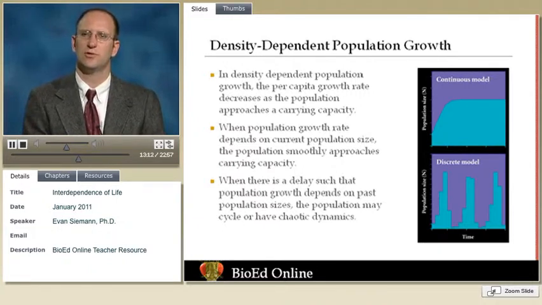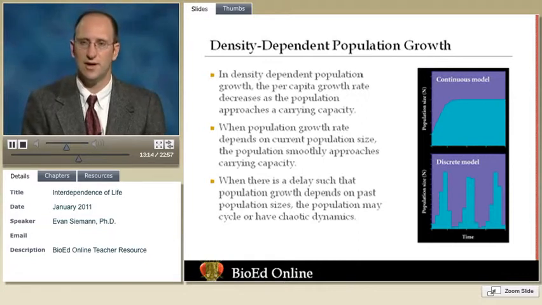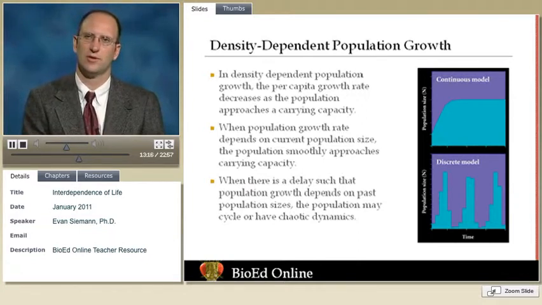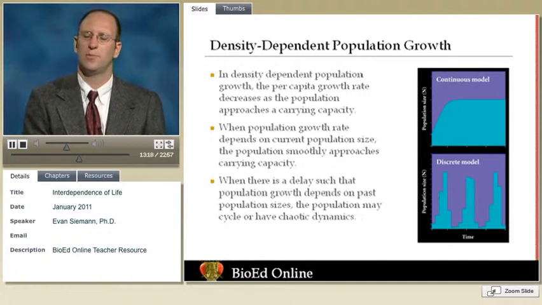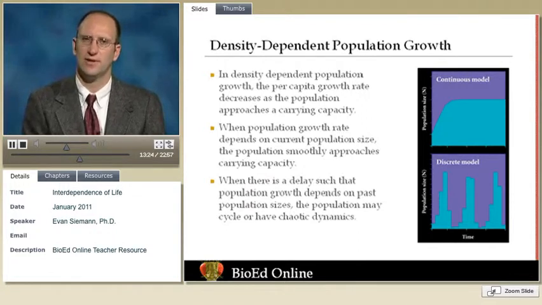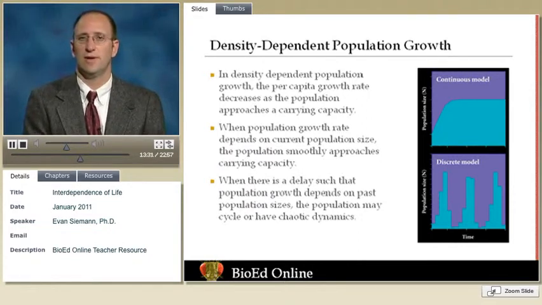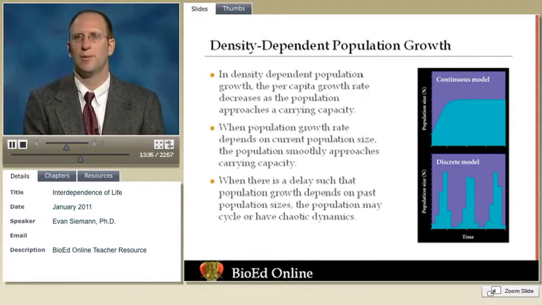So each individual is going to have a higher risk of dying and is going to have a lower reproductive output. As the population continues to approach carrying capacity, when it gets to half the carrying capacity, the number of individuals in the population is relatively high, and the per capita success is still reasonably high, and that is where the population grows at the fastest rate.